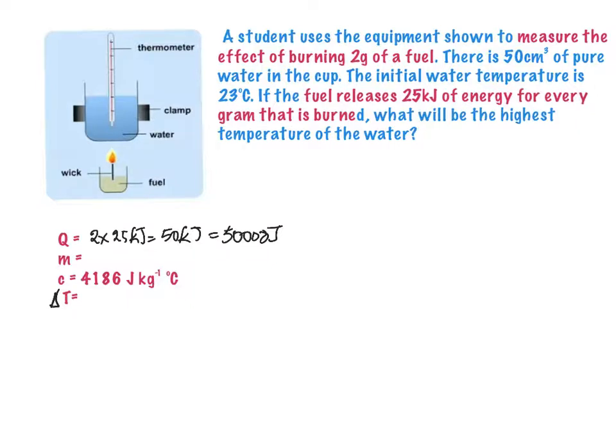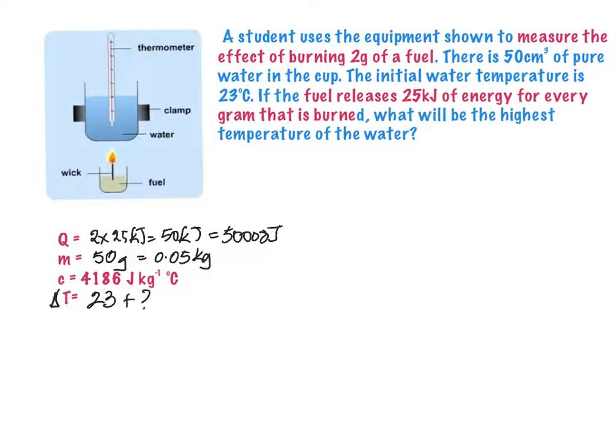Right, the mass of the water is 50 grams again, which is equal to 0.05 kilograms. Our C is still the same, water doesn't change, so it's 4186 joules per kilogram per degree C. And finally, our delta T. Now, if we go to delta T, we know that our starting temperature is 23.